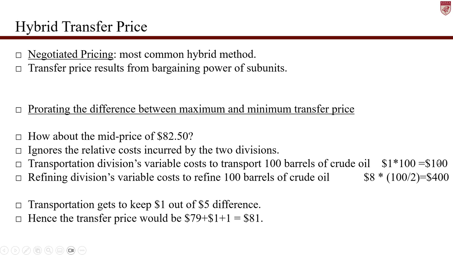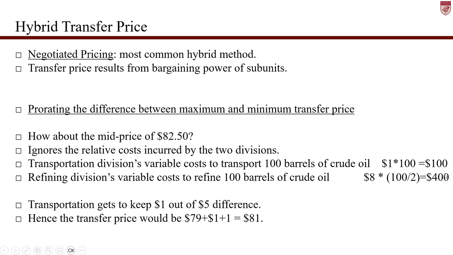Which reaches $100. On the other hand, the variable cost incurred to refine 100 barrels of crude oil is going to be 100 divided by 2, right? Because this is the amount of gasoline that is produced, times $8 per gasoline, right? So $400. So in order to handle 100 barrels of crude oil, the refining division would incur 4 times more cost than the transportation division.